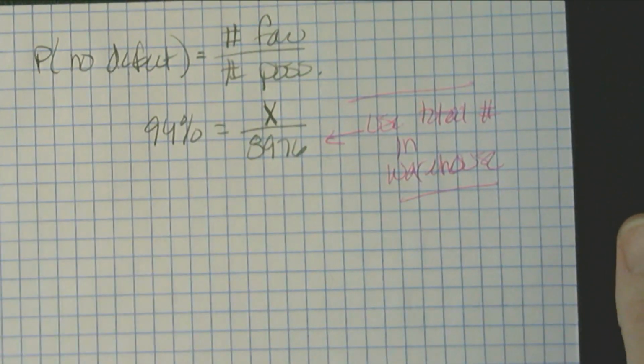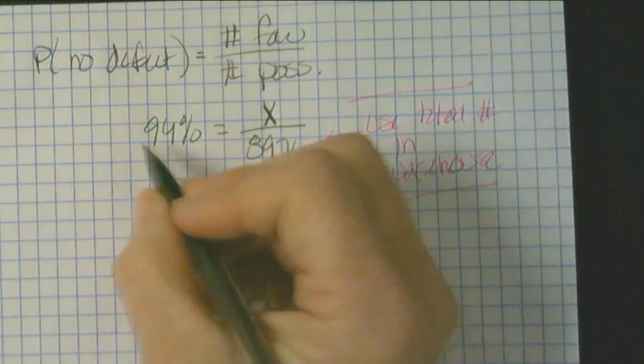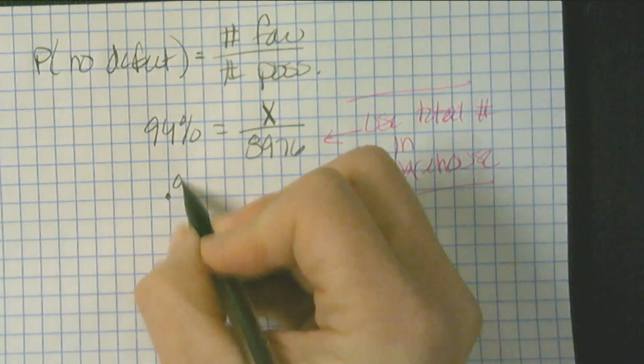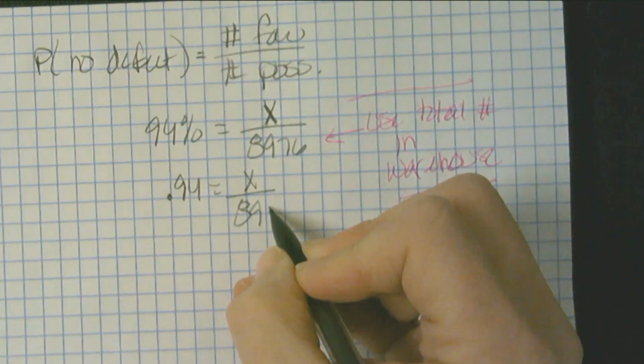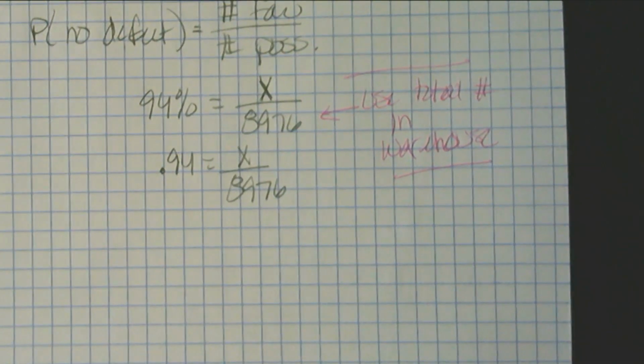So someone tell me, for me to use a percentage in math, what do I have to turn it into? Matthew? Or a fraction. So since we have our calculators, just turn into a decimal. Matthew, what is 94% as a decimal? So I have 0.94 is equal to x divided by 8,976.